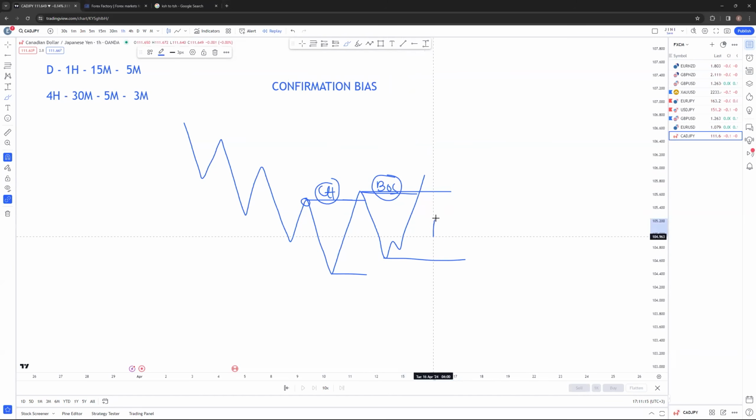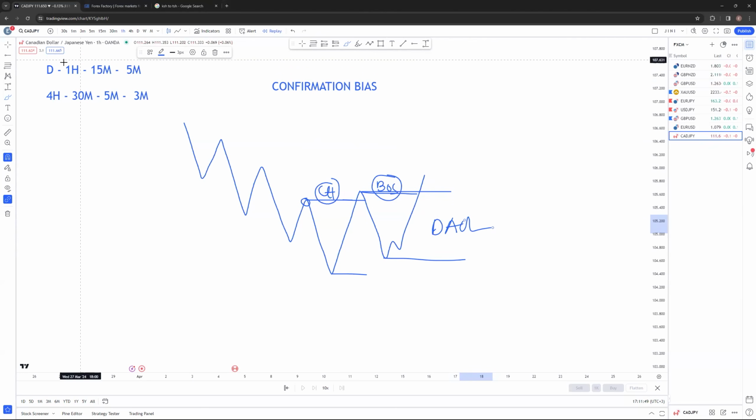This will be our daily area of liquidity because we are using this time frame as our coordination. So after knowing this is the daily area of liquidity, in order for this market to come to this area, we have to see the price change the character and then break the market structure in the lower time frame.